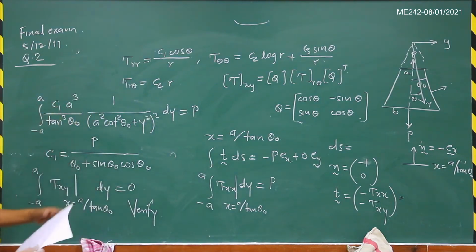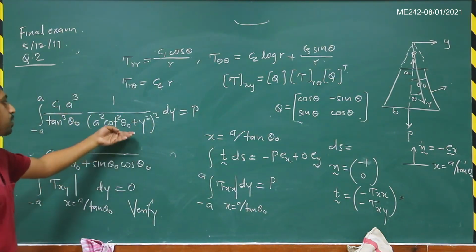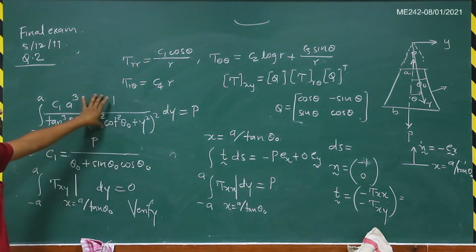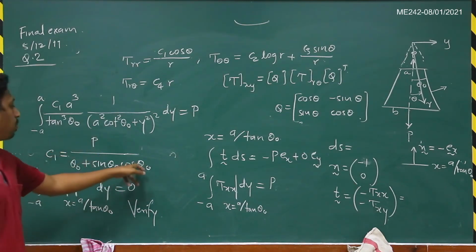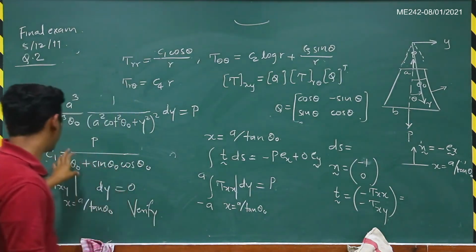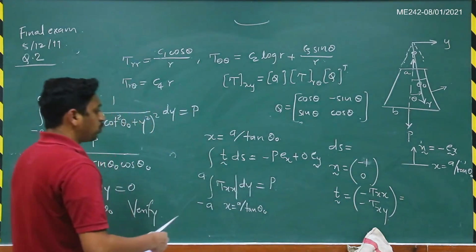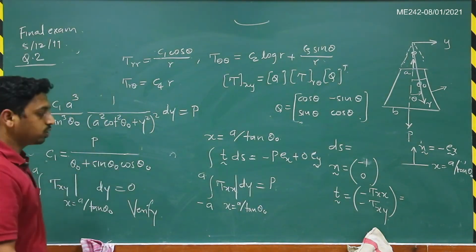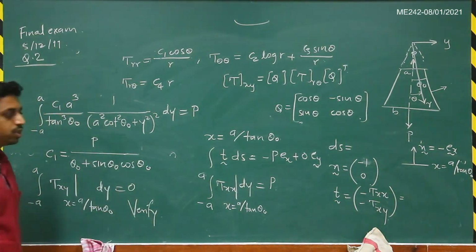This integration involves some complicated terms, but you are not supposed to integrate this term. These expressions are given in the question paper. By using this, we are able to find the constant C1, which is equal to p upon theta naught plus sin theta naught cos theta naught. You can verify the other condition: tau xy will be an odd function of y, so you'll automatically get the integration of tau xy dy to be 0.